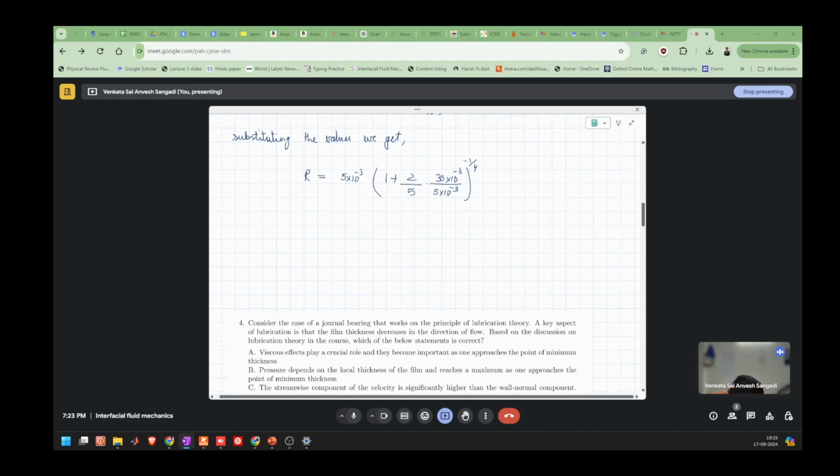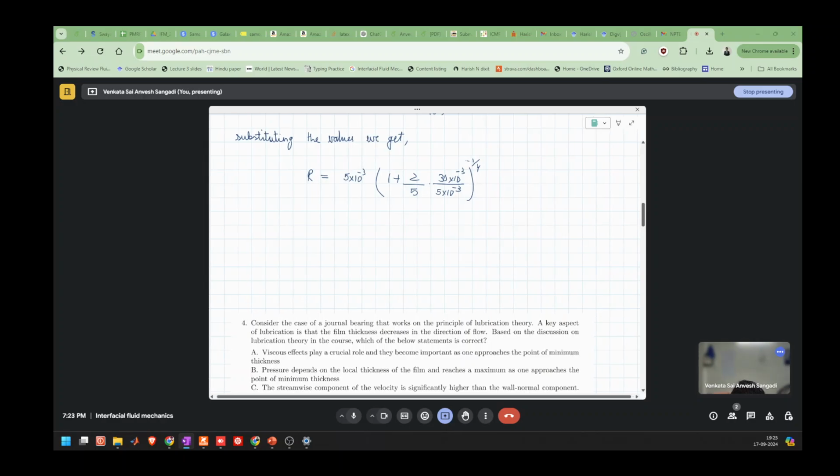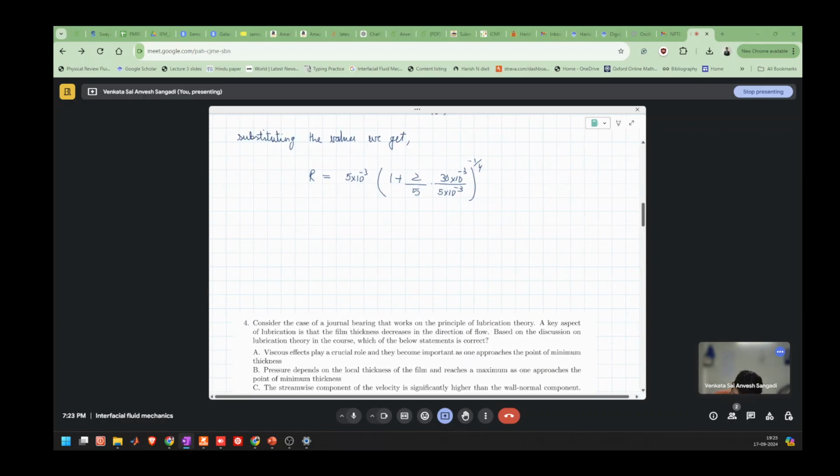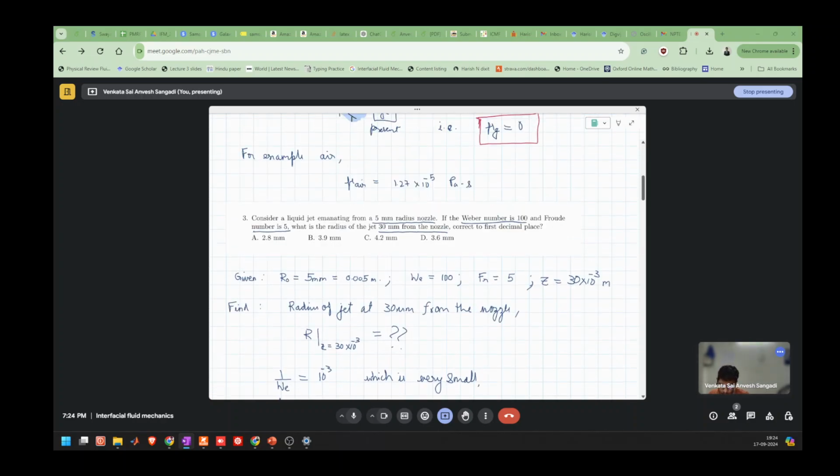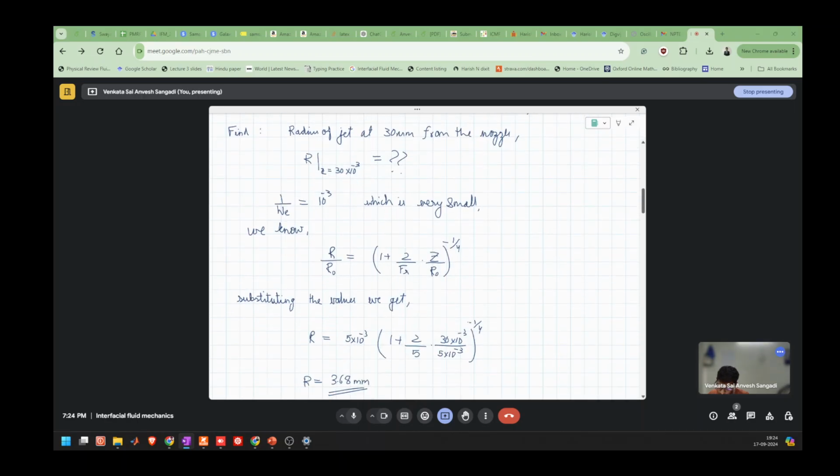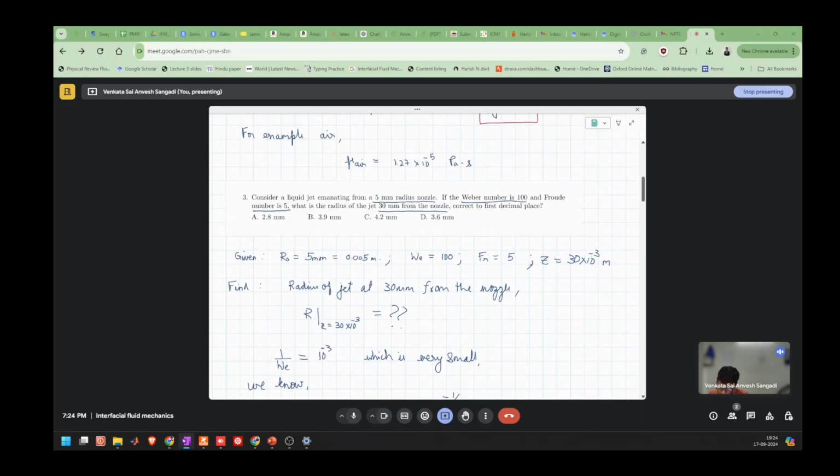If we calculate this, we get R is equal to 3.68 mm. Therefore, the correct option is 3.68. So the correct option here will be D.